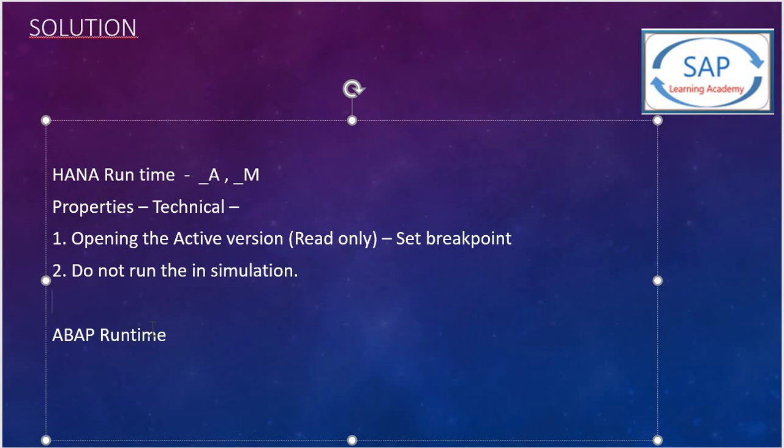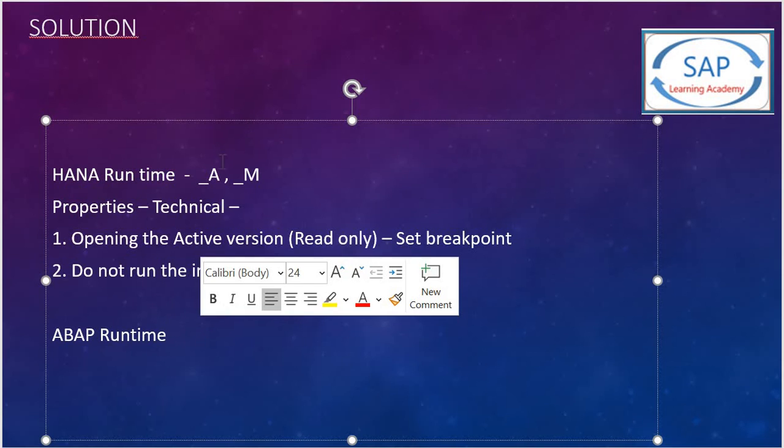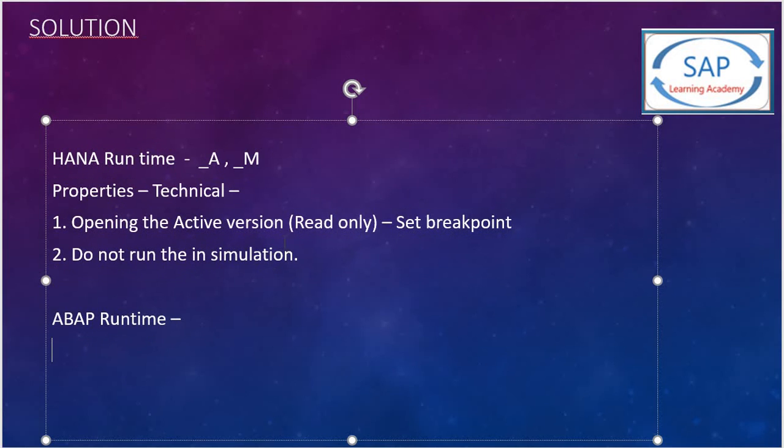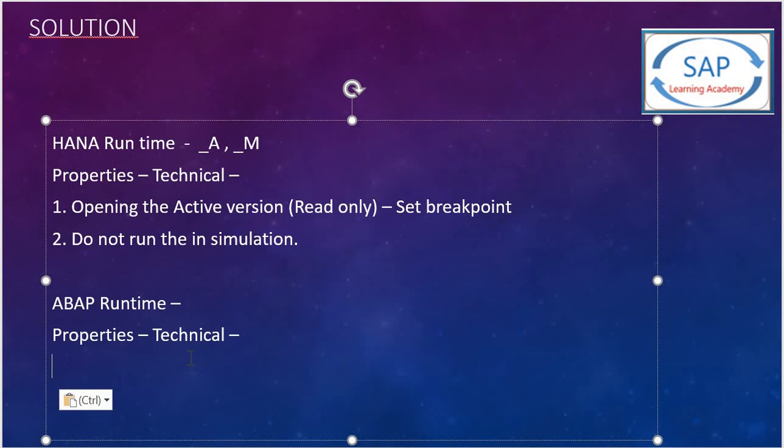Now in the ABAP runtime, we do not have this concept of active version or modified version. We have just one program available, which you can also see in the same place, properties, technical. Suppose you have written code in AMDP in one of the routines, but you have set the runtime as ABAP.